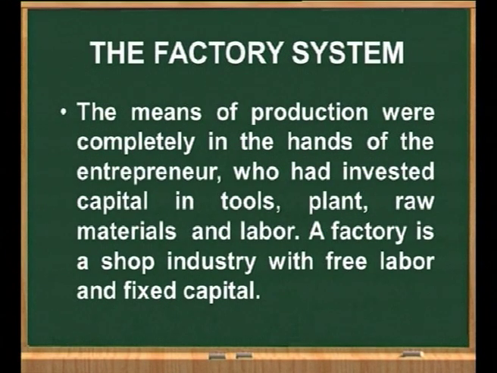The means of production were completely in the hands of the entrepreneur, who had invested capital in tools, plant, raw materials and labor. A factory is a shop industry with free labor and fixed capital.